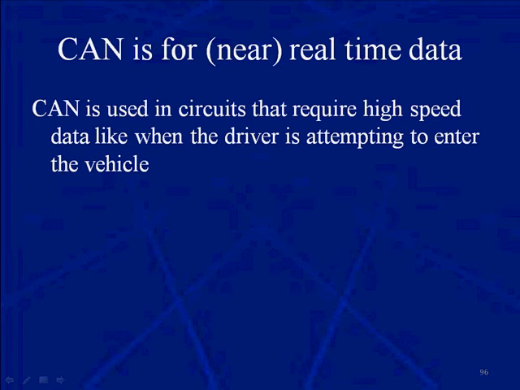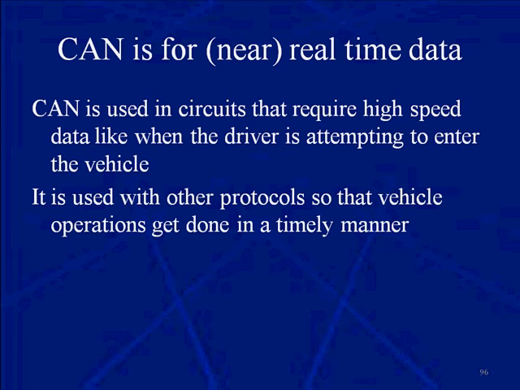So CAN is high speed. A door lock is a very simple thing, but the customer would be upset if he couldn't get in his vehicle. But what about when you're trying to run an electric motor at 12,000 RPM? You need CAN communications in order to have near real-time data.